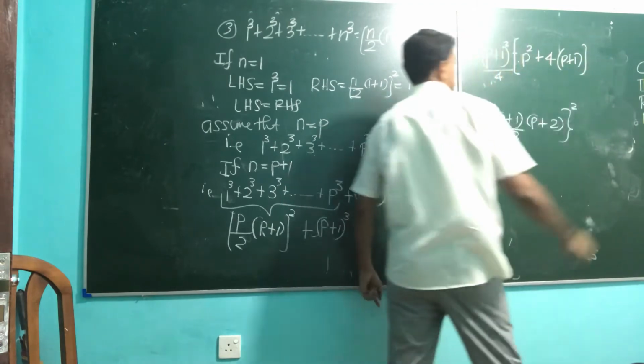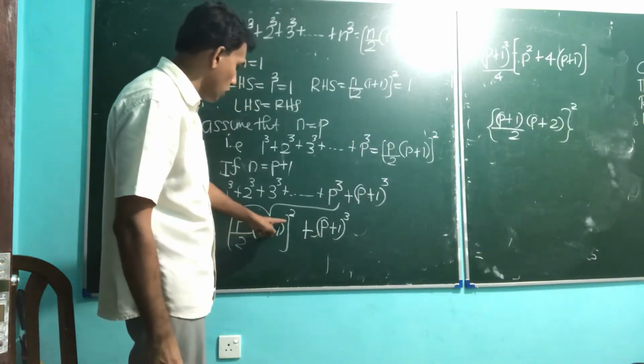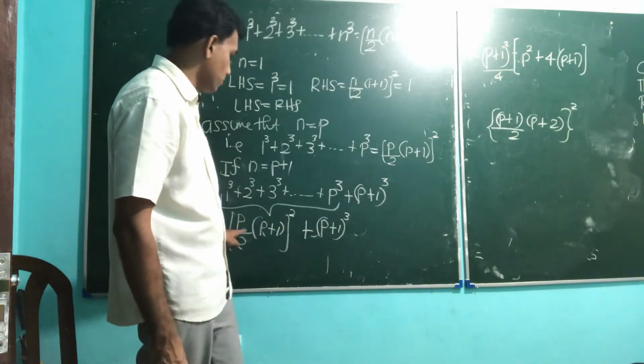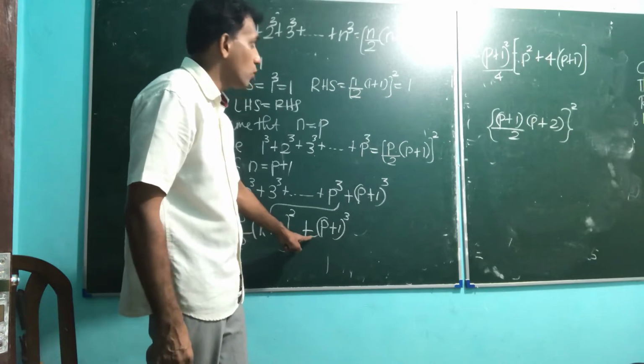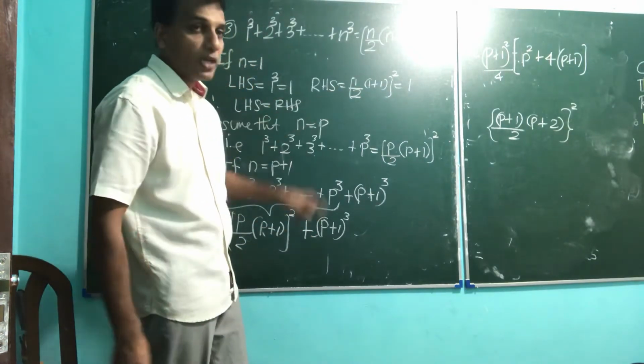Check, is it okay? Completely p plus 1 square I took out below 4. Then here p square and here 4 into what is that? p plus 1 square out. Therefore p plus 1, right?